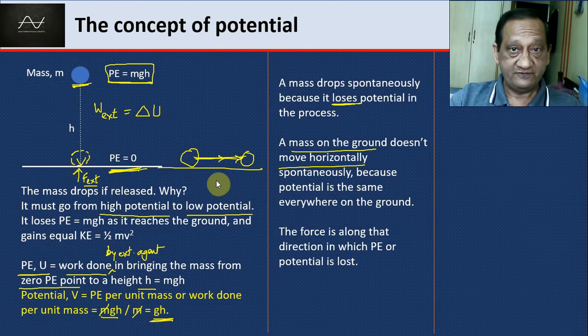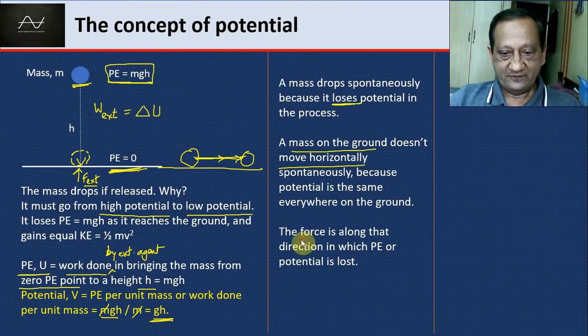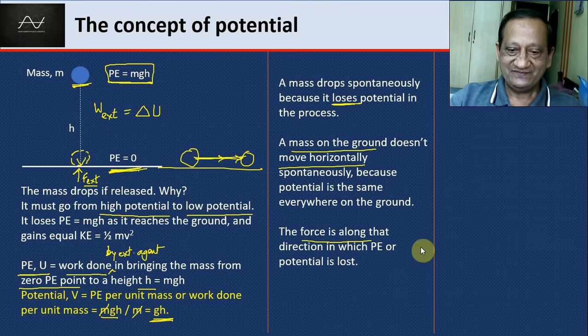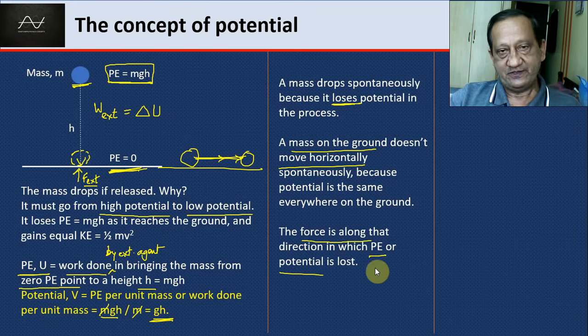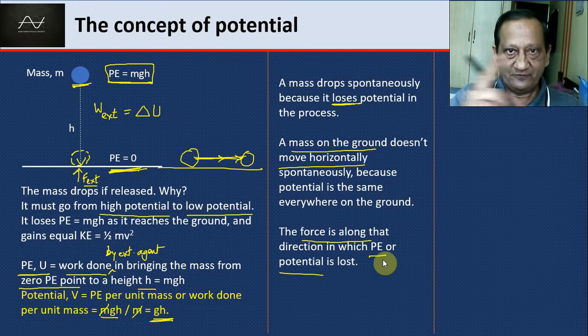It doesn't move. So we can therefore say that the force is along that direction along which the potential energy reduces at the fastest rate. If potential energy reduces, then the potential also reduces. So the force direction and the potential are closely linked.